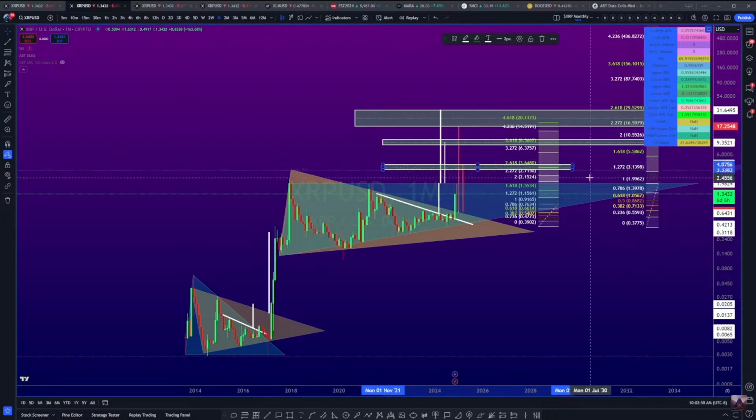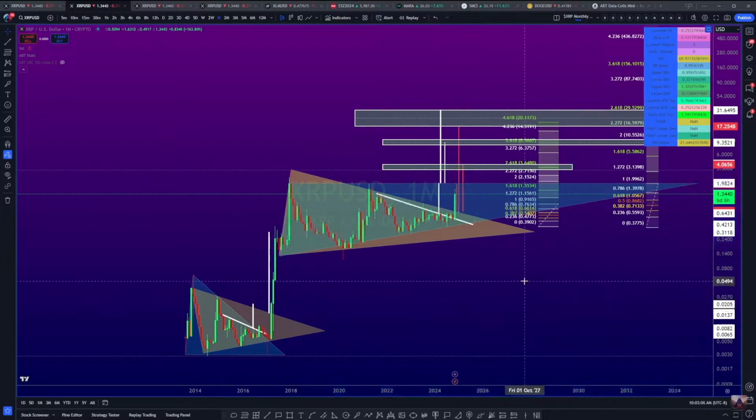Those targets rhyme with sentiment because everyone for the last 3 years has been talking about a $5 target for XRP. Well, that's already geometrically possible. It's possible mathematically, but that's not the target that I'm observing. That's not where I sit.